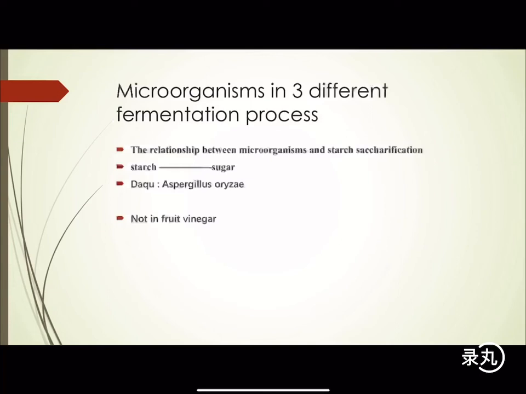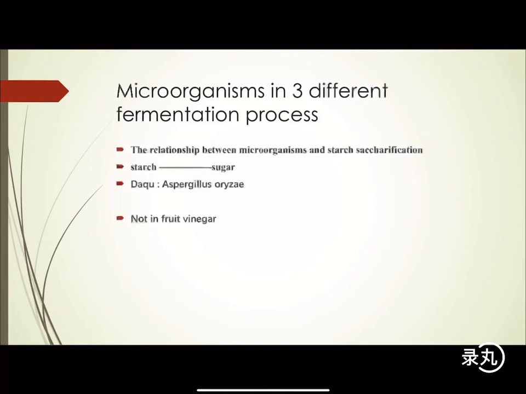So in the starch saccharification stage, manufacturers need to add amylase and starch hydrolase to help the conversion of the starch. The commonly used material in Chinese vinegar is daqu. We will talk about it later.